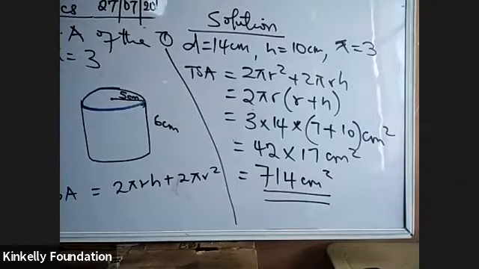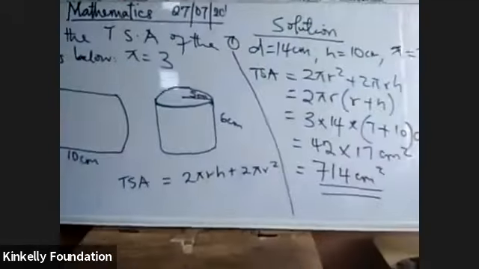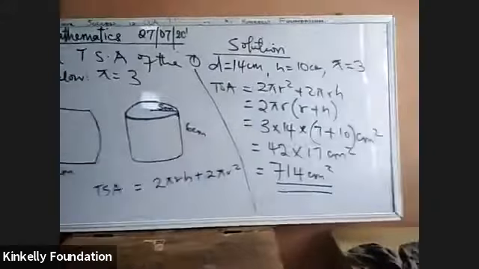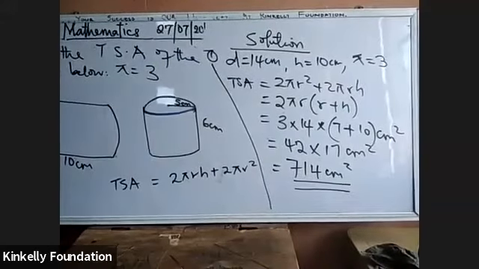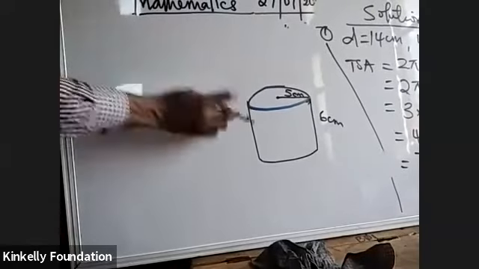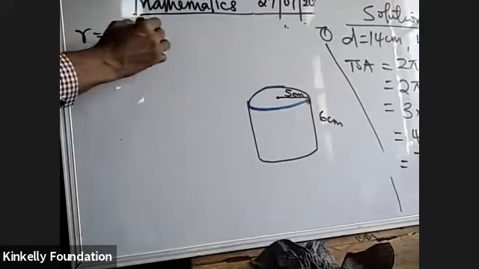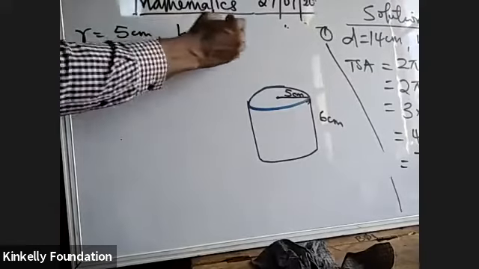So this is the answer, the total surface area of the first shape. Now let's go to the second shape, where we have this. We are given r to be 5 cm and the height is 6 cm.